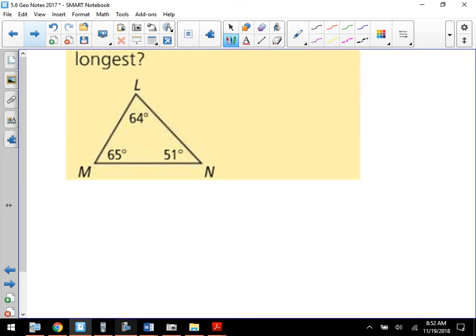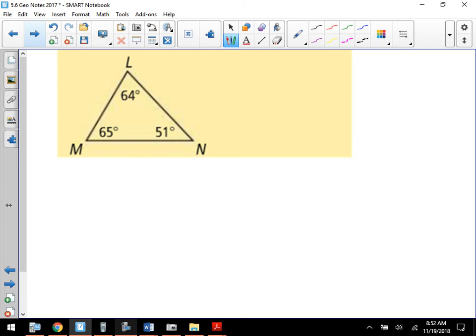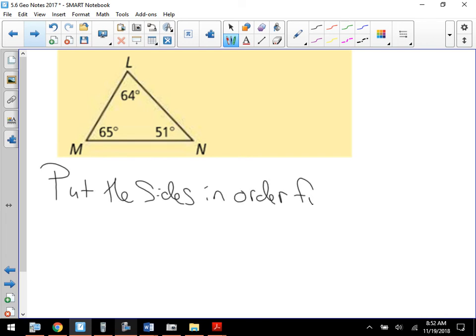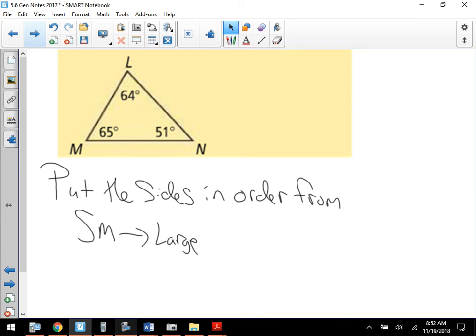Let me rephrase this. Put the sides in order from small to large. Yeah, put the sides in order of large or small to large.